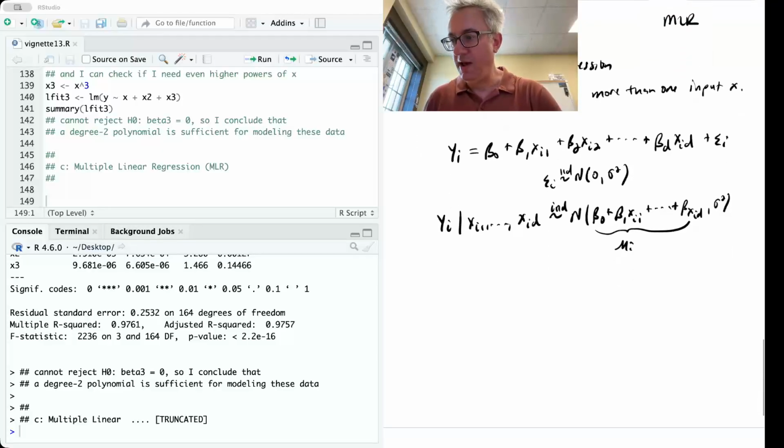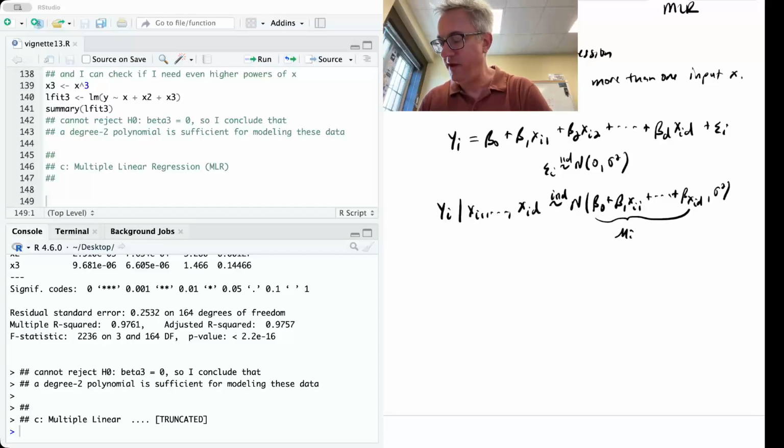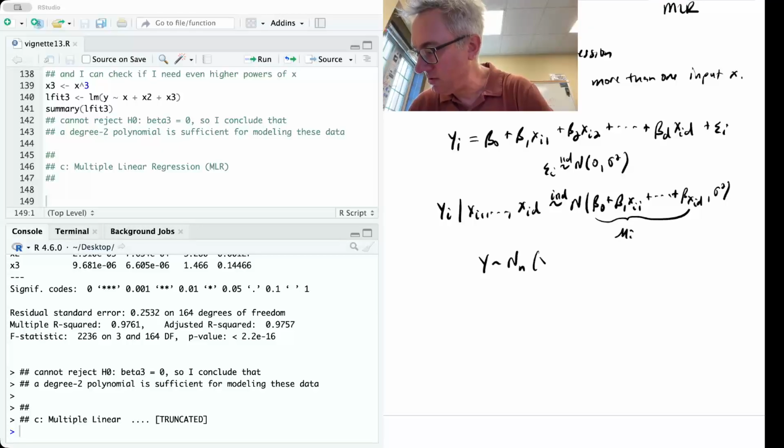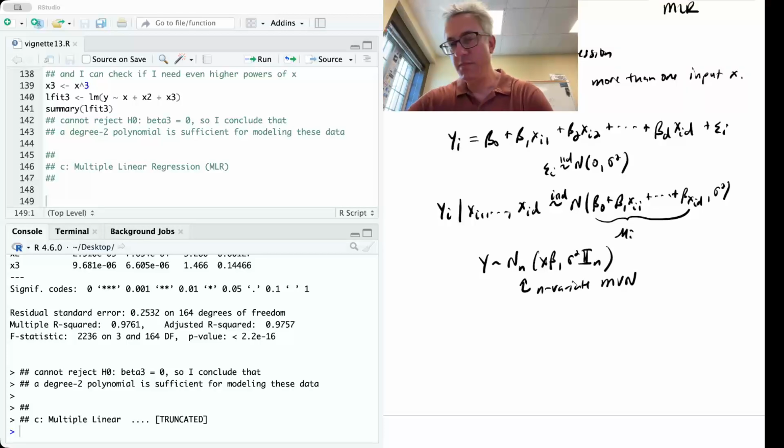There's a third way that's really helpful. It's my favorite, but it involves upgrading sophistication to linear algebra. But linear algebra, once you understand it, simplifies a number of things. So let me write it, and then I'll talk about it. So this is an n-variate multivariate normal distribution.